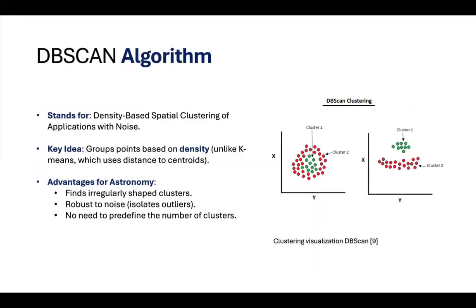The algorithm that we are going to use is called Density-Based Spatial Clustering of Applications with Noise. The key idea is that it groups points based on density. The advantage for astronomers is that it can find irregular clusters, is robust to noise, and there is no need to define the number of clusters.